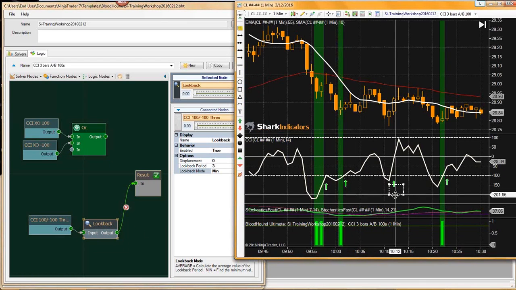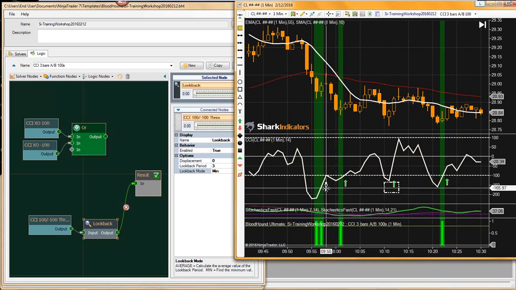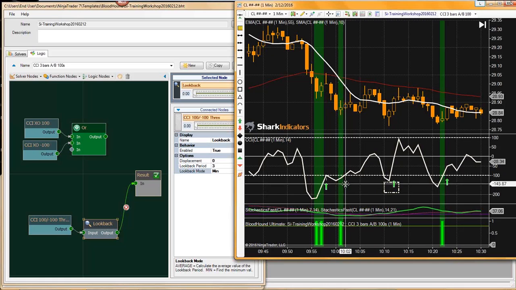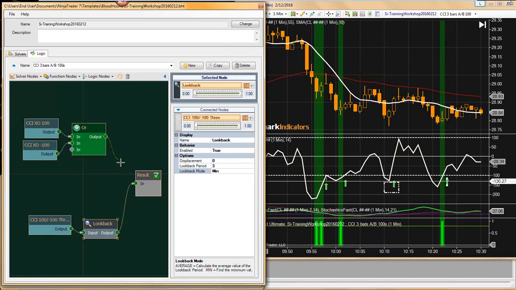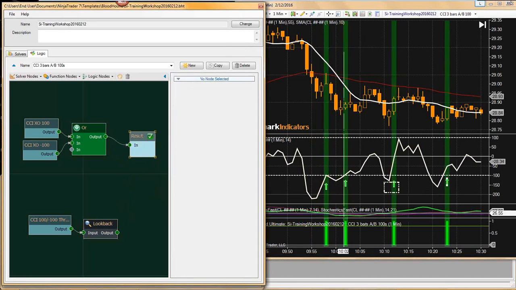Now, hopefully you guys have noticed that these long outputs are not on the same bar as the arrow. Because remember, the arrow is where our crossover happens. Let me plug our crossovers back into the result node.